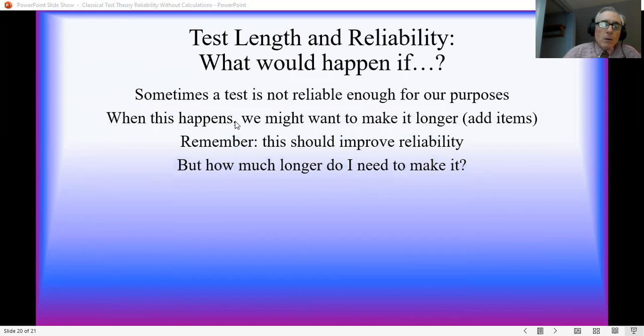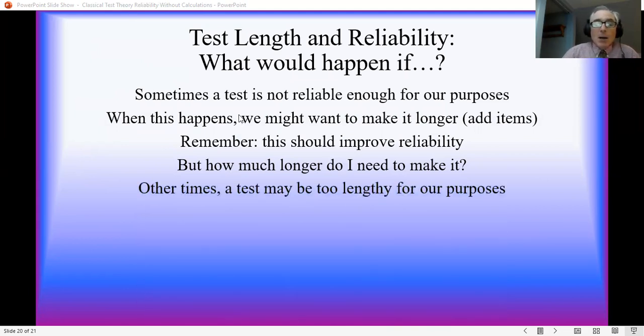And there are then questions that arise, like, okay, my test, as I've written it, isn't reliable enough. I'm only getting reliability coefficients of 0.64, and I want it to be much better than that. What I'd like to know is how many more items do I have to write? How much more work do I have here?